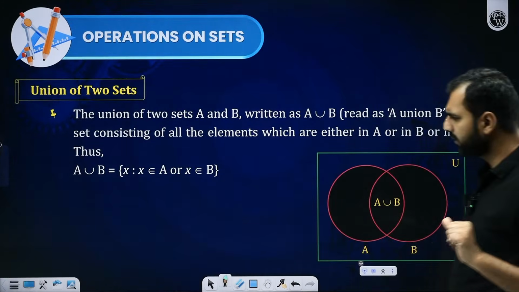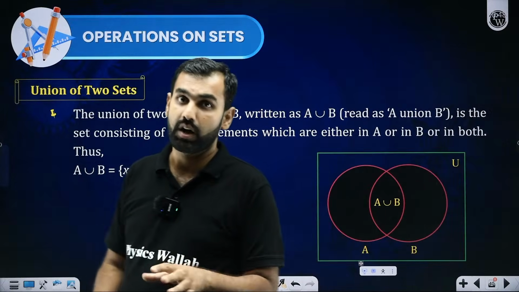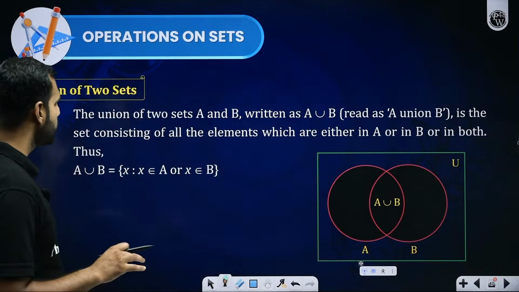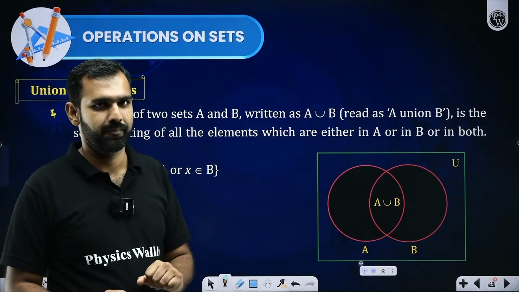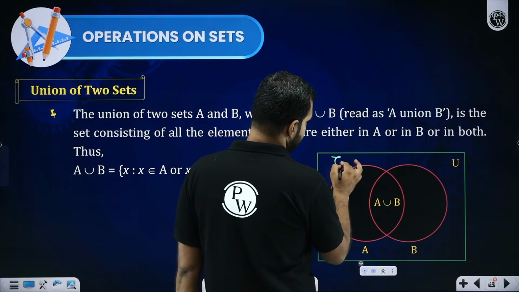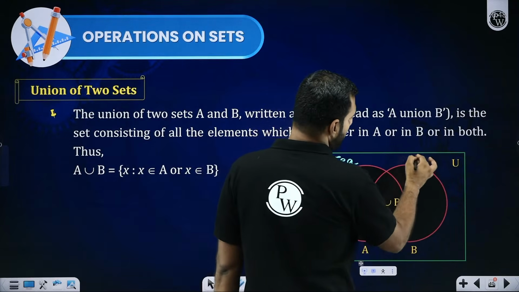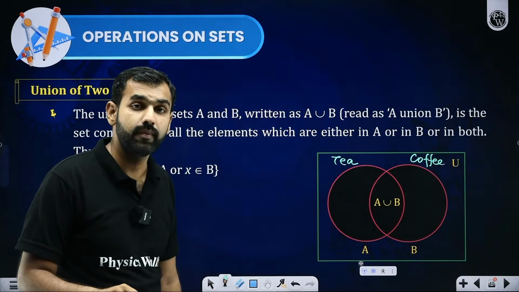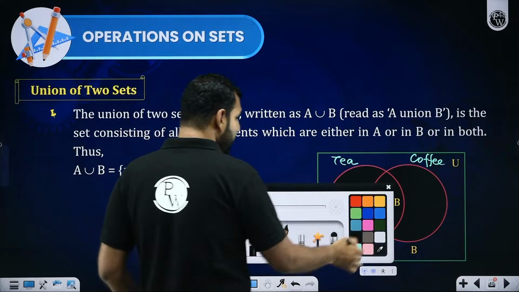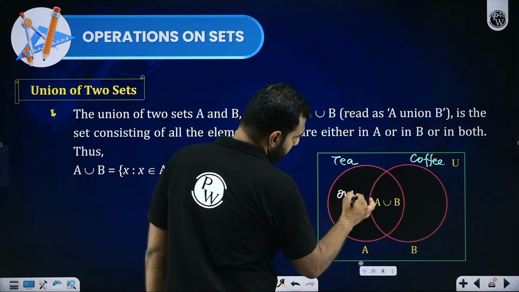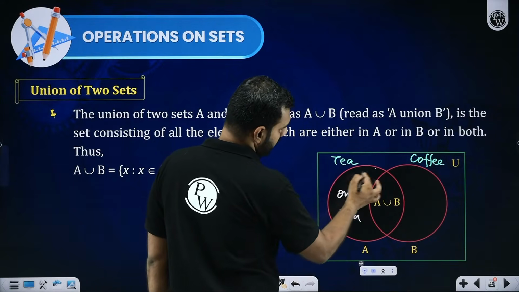With this, there is something really crucial which is discussed many times regarding operations on sets: union and intersection. Let's say I ask you, how many of you in our class like having tea? How many of you in our class like having coffee? There certainly are going to be some people who like only tea.